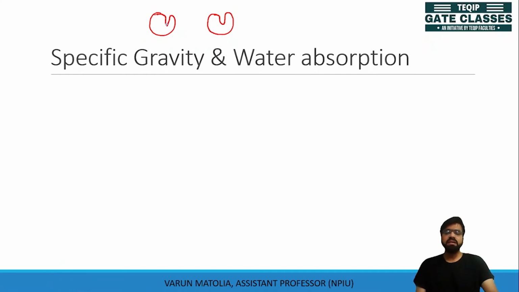First aggregate is totally dried. Totally dried means these voids have nothing, no water in it. But this aggregate has water filled in this cavity or void. The surface of this aggregate is dry, but the cavity or voids are filled with water.